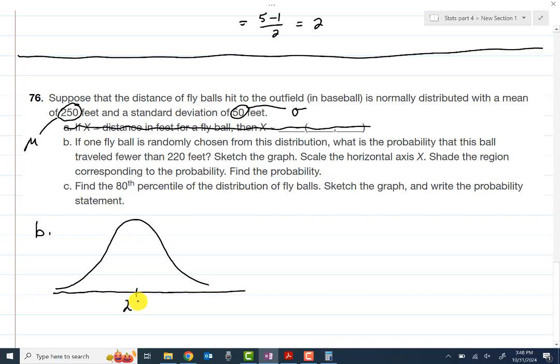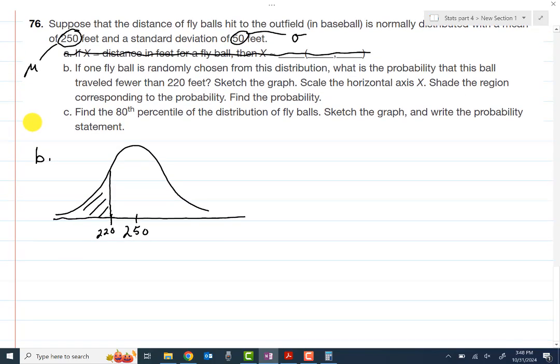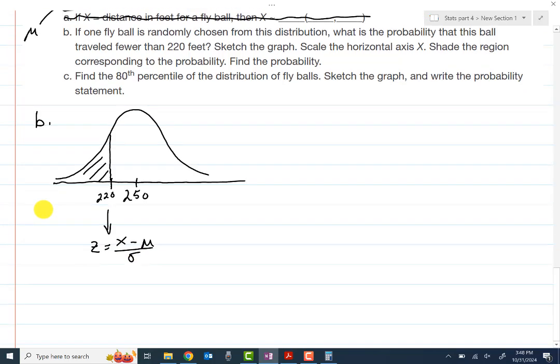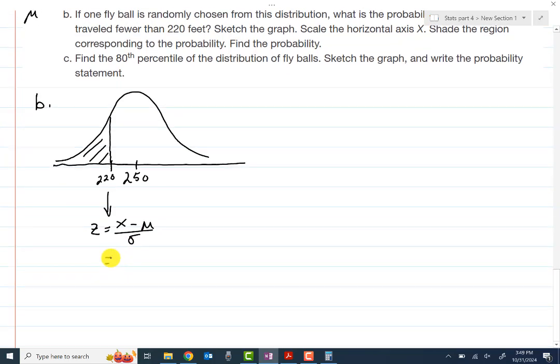Here, the center of it is 250. And we want to know what percentage was less than, or probability was less than 220. So since they said less than, it's to the left. Let's get a z-score. Z equals x minus mu divided by sigma. The x is 220.